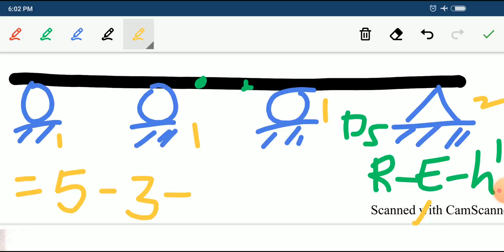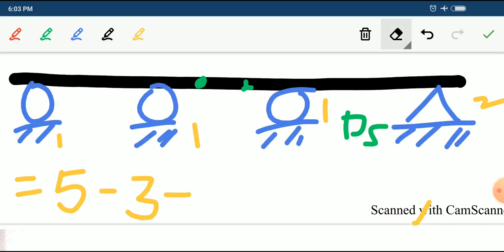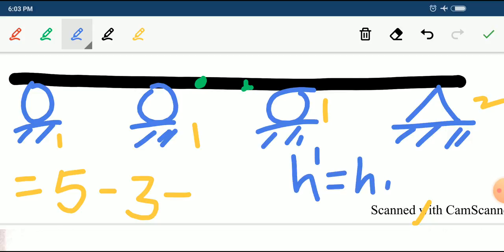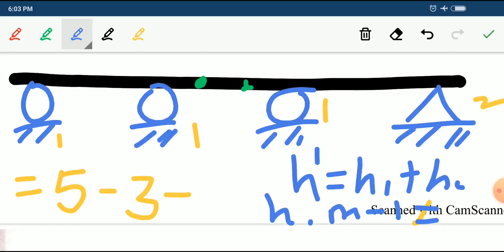Next, how will we calculate the H dash? I will take H1 plus H2. For H1, two internal hinges are there. H1 is connected with two members, 1 and 2, so this will be m minus 1. With this internal hinge connected with two members, m minus 1 is equal to 1, and the second one is also the same.